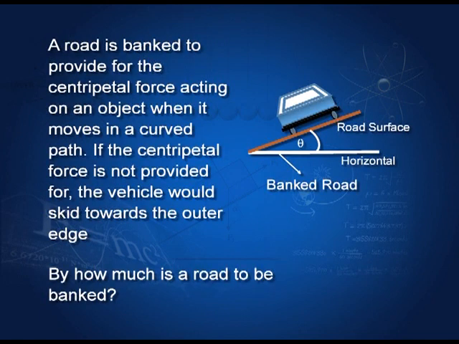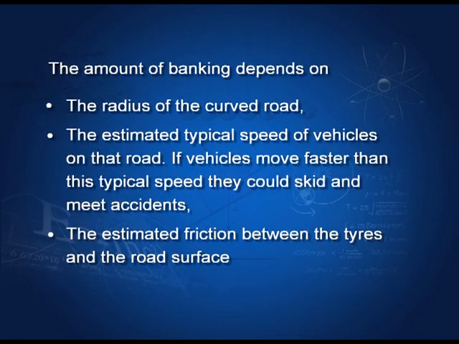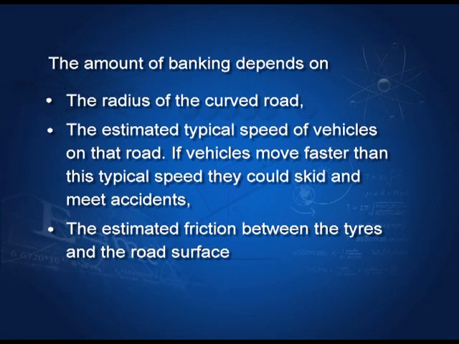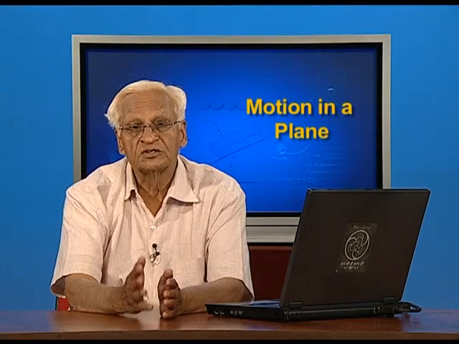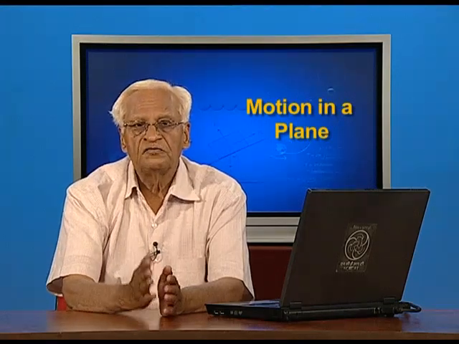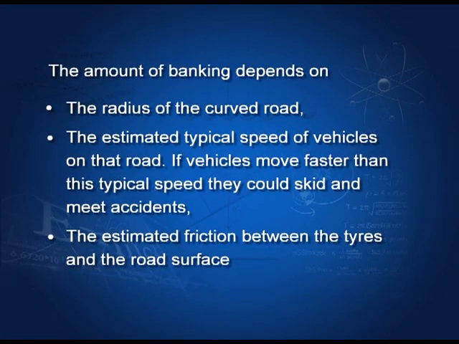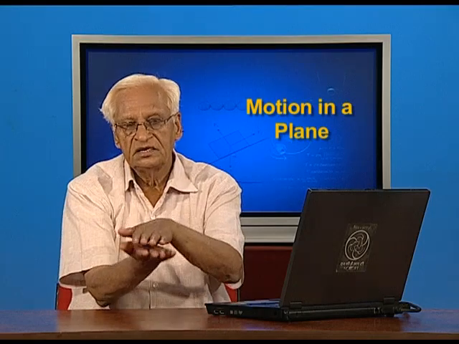All right, but by what angle should I bank the road to provide the necessary centripetal force? Let us see. The amount of banking depends on three factors. One, the radius of the curved road, obviously because the force is mv squared by r. The second is the estimated typical speed of vehicles on that road, because we need v in mv squared by r. And third is the estimated friction between the tires and the road surface.